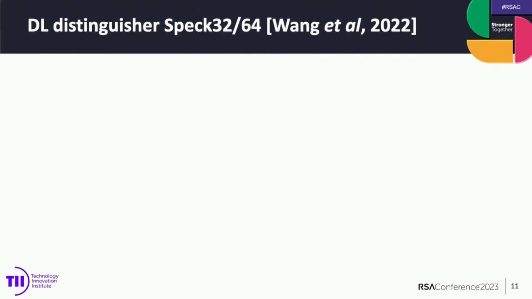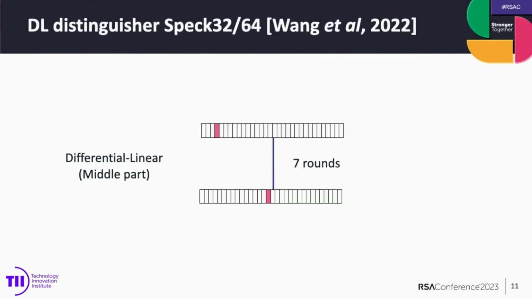So, Wang et al. in 2022 proposed differential-linear distinguishers against expected 2^64. They start in the middle by looking at all the possible differential-linear distinguishers with one active bit in the input difference and one active bit in the output mask.